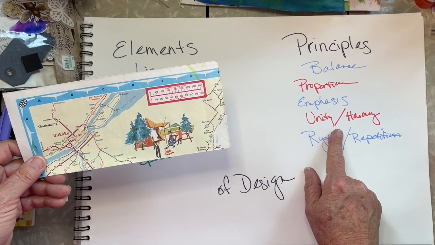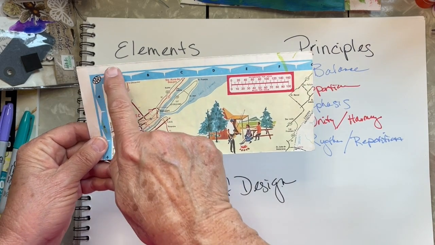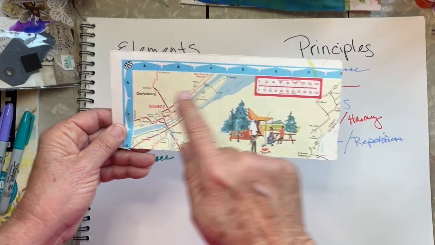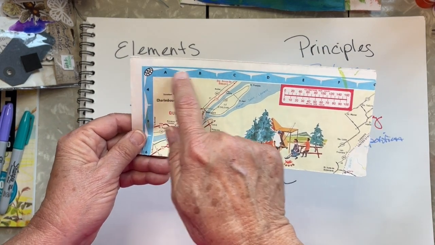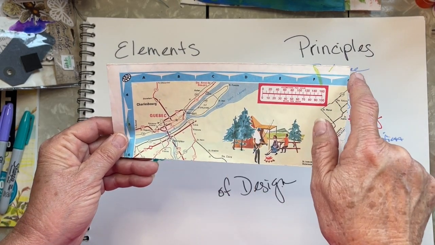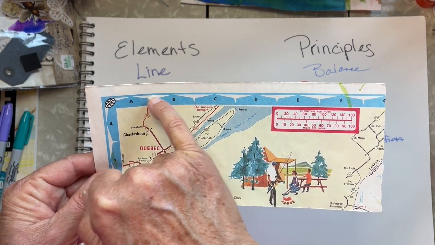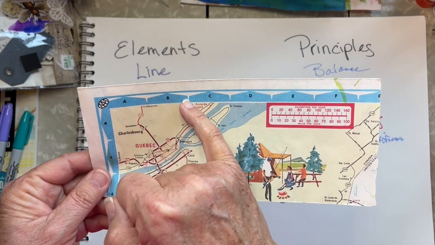Let's talk about rhythm and repetition. So here we have this repetition on this border of this design, this kind of triangular rectangle thing with this blue line here. And then there's more of these little, this is also a triangular shape here with these little triangular points, right?